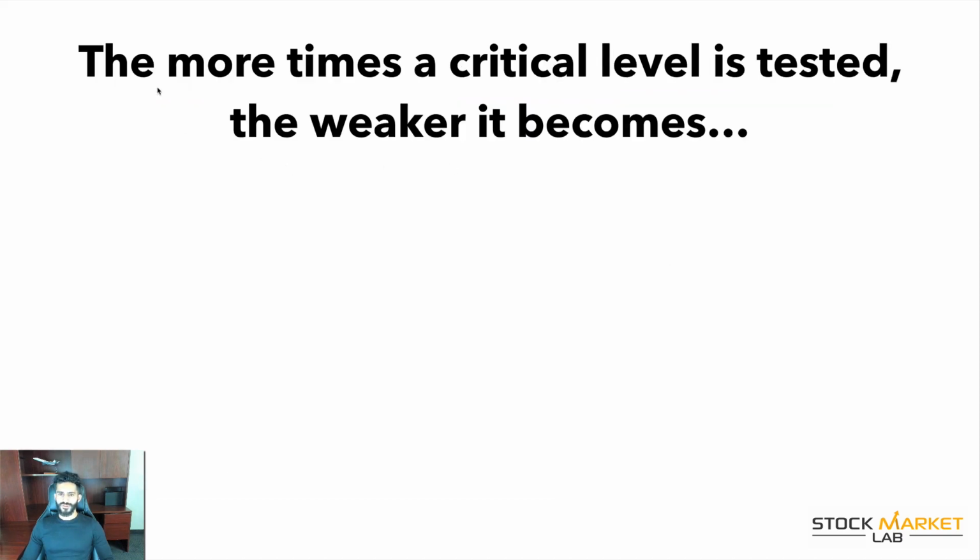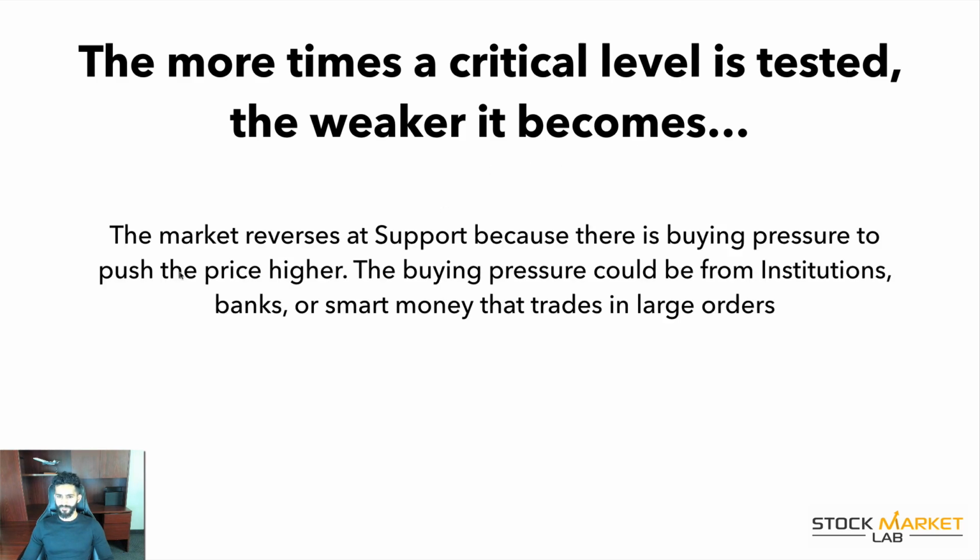Now, what you have to understand also is the more times a critical level is tested, the weaker it becomes. So for example, the market reverses at support because there is buying pressure to push the price higher. The buying pressure could be from institutions, banks, or smart money that trade in large orders.